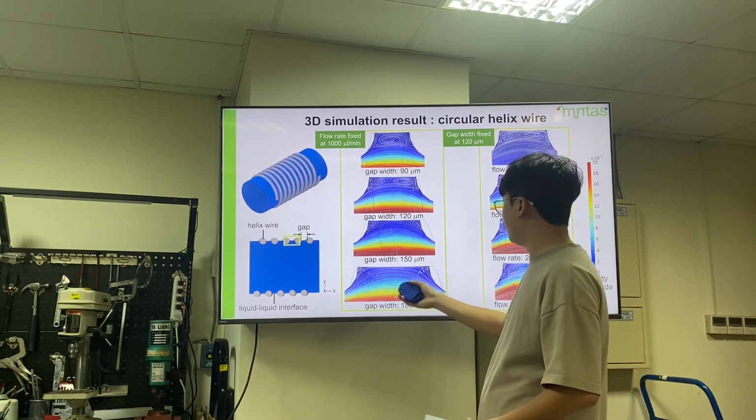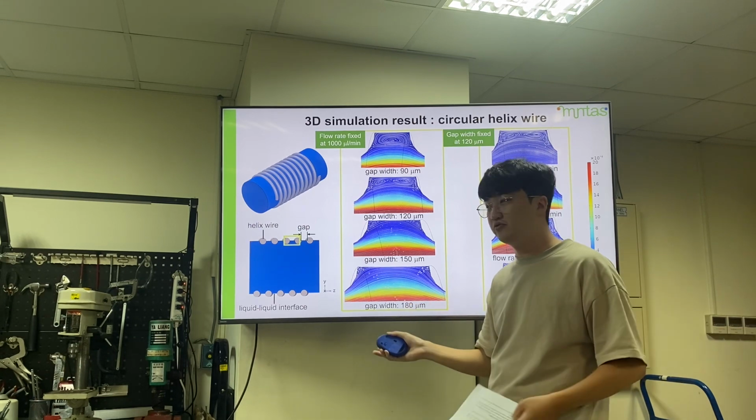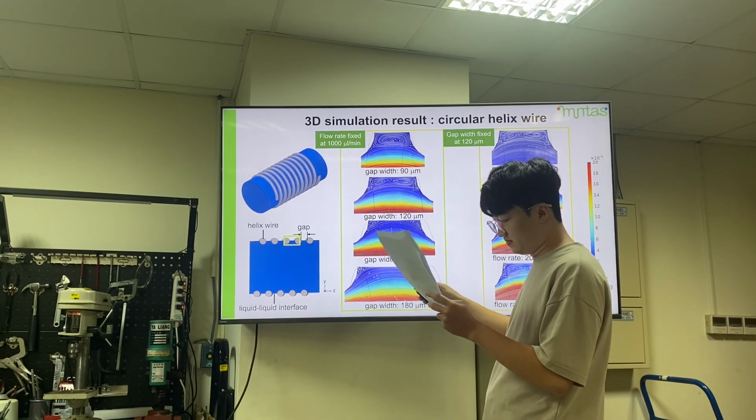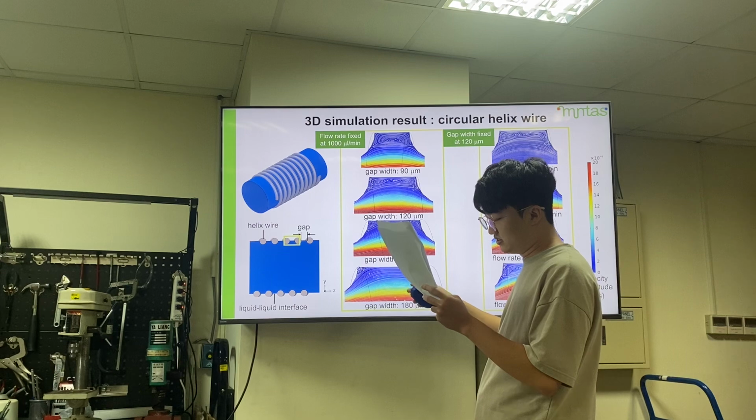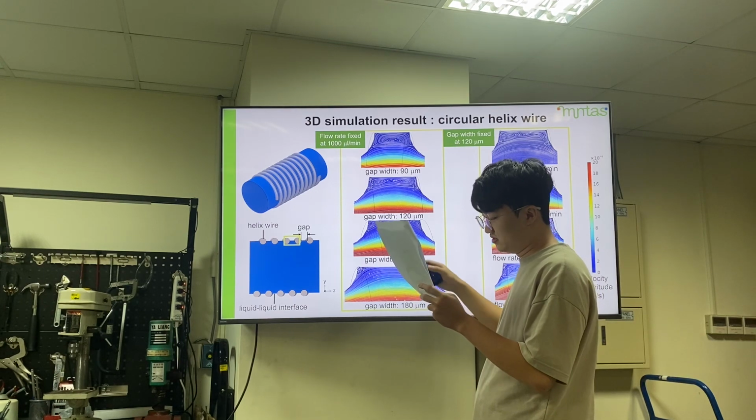Finally, at the gap width of 180 microns, the vortex is not generated.